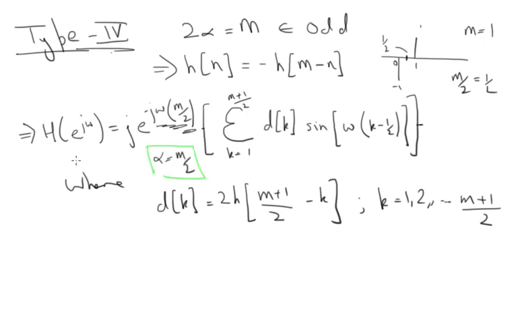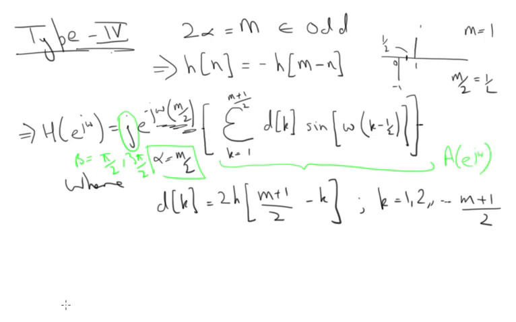Your beta is either pi by 2 or 3 pi by 2 due to this j term, and this is your bipolar function, which is real and odd.